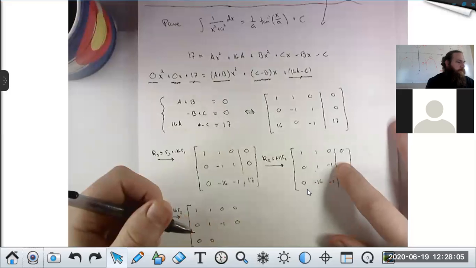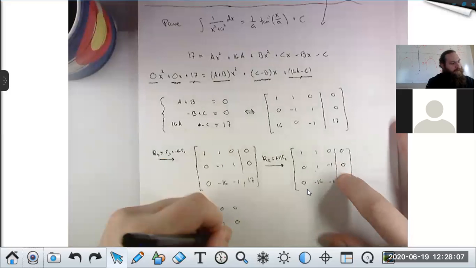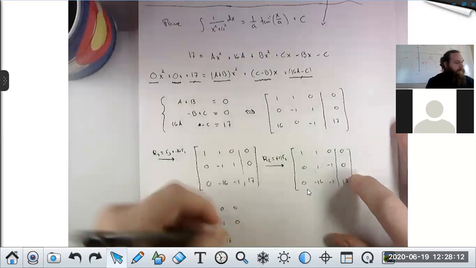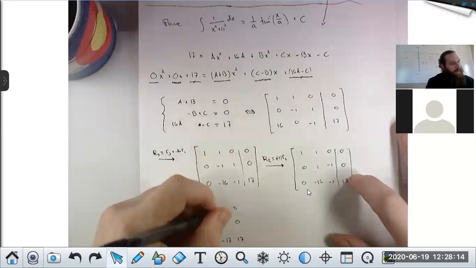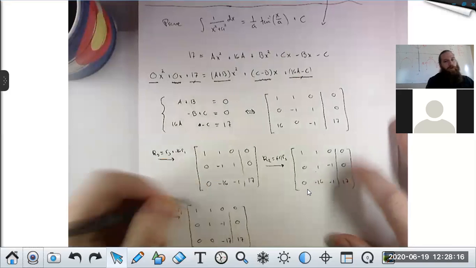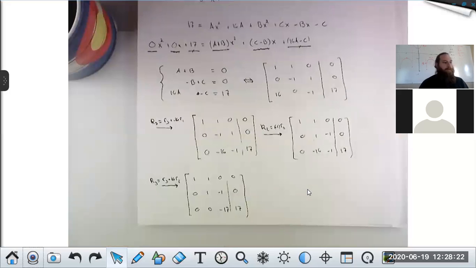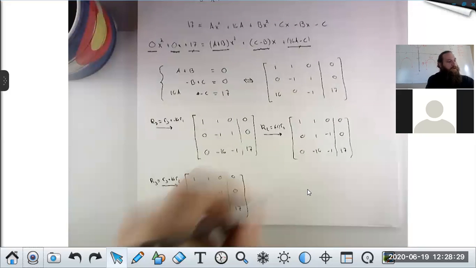Negative 16 minus 1 is negative 17. And 0 times 16 is 0, so this stays a 17. And now our matrix is in what's called echelon form. It's not reduced row echelon form, it's just row echelon form. So I can take it back to a system now and back substitute.